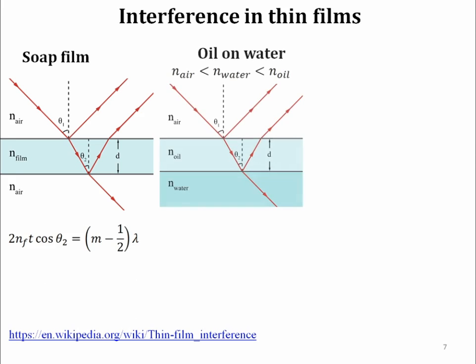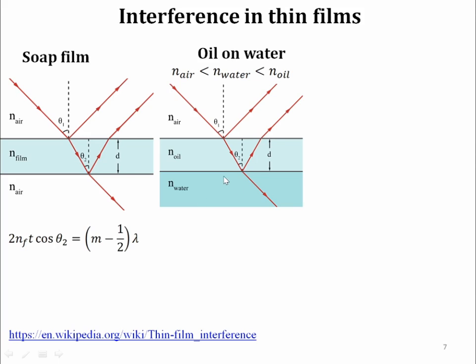Similarly, there is another case. Suppose we have oil on a water surface. In that case, suppose that the refractive index of air is lowest, water is higher, and oil is highest of these. Because optically denser means it has a higher refractive index, and the other is rarer. So again here, when light suffers a reflection, there is no phase change because this medium is rarer, right?